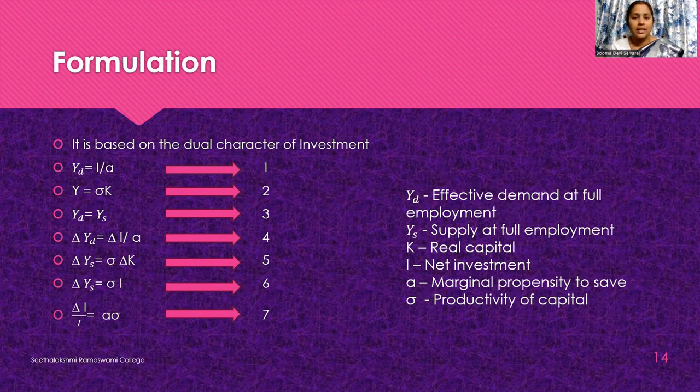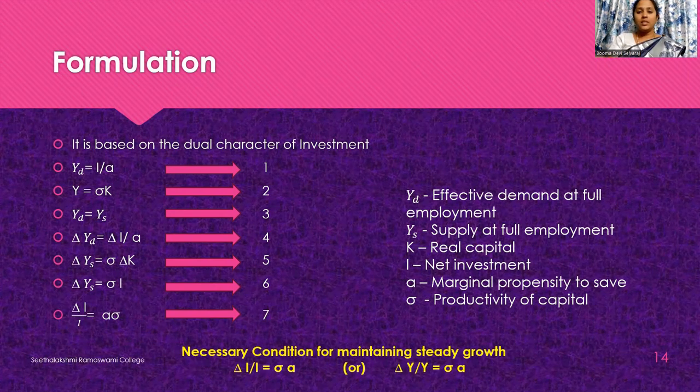Change in K indicates investment. Substituting I in the place of change in K, we get the equation as change in Y_S is equal to sigma into I. The equality between equation 4 and 6 is the necessary condition for maintaining steady growth.